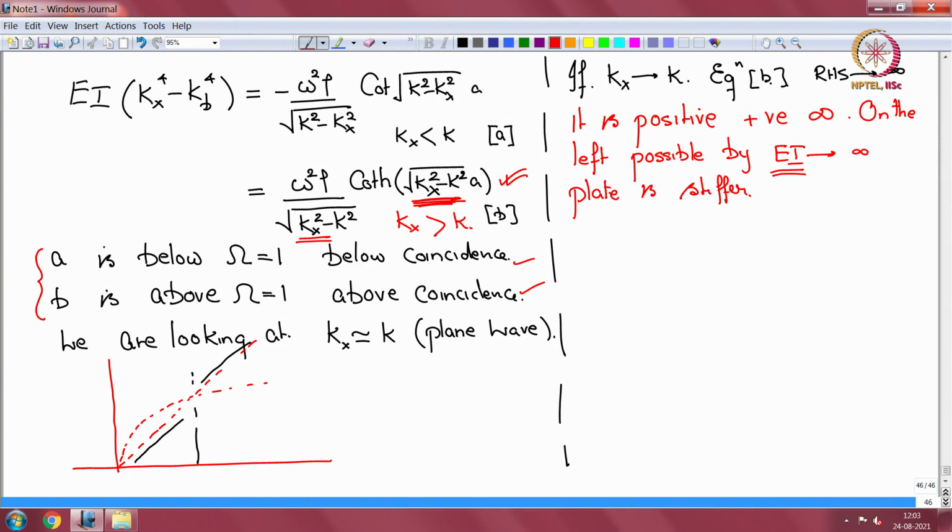Infinite stiffness cannot be achieved, but that's the mathematical limit. If EI tends to infinity, the left hand side goes to infinity and the right hand side goes to infinity, then my kx exactly lands on k, the plane wave. So this is above coincidence.